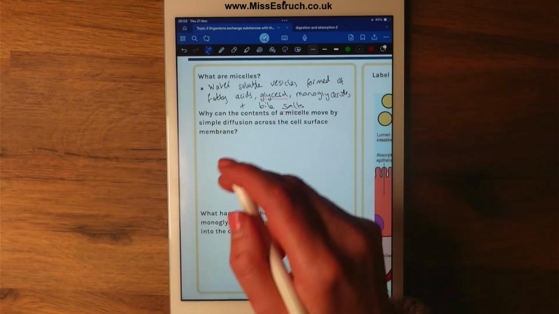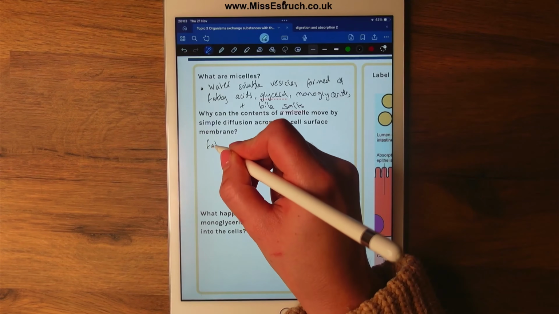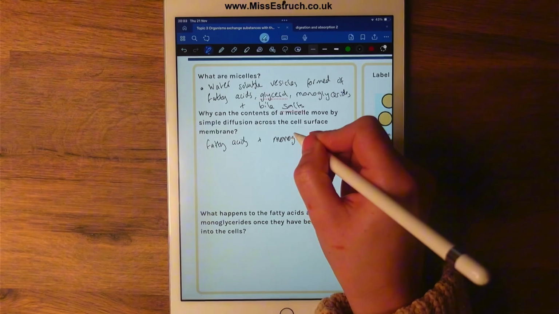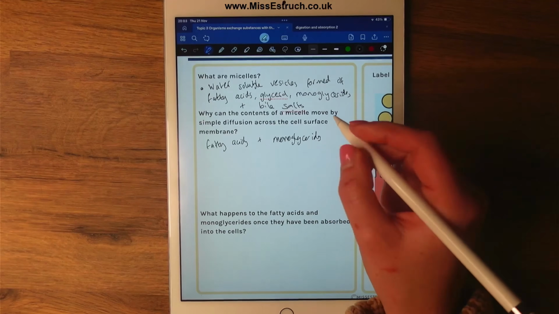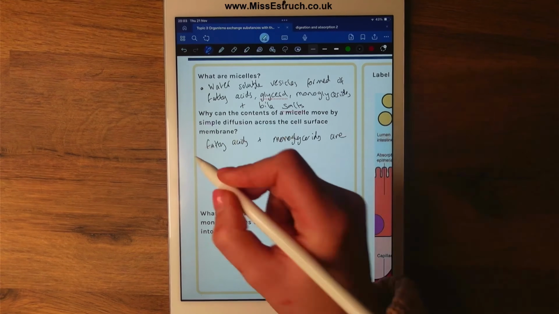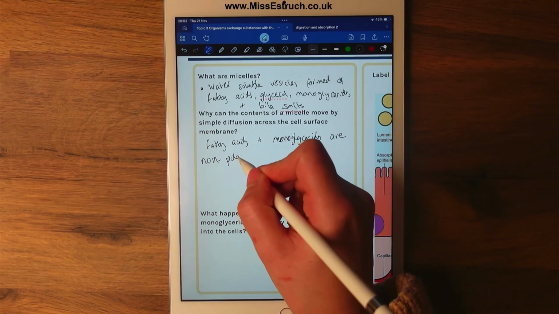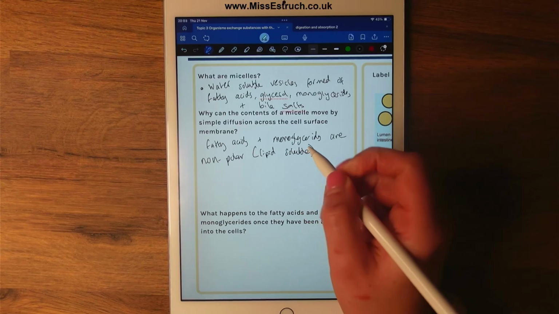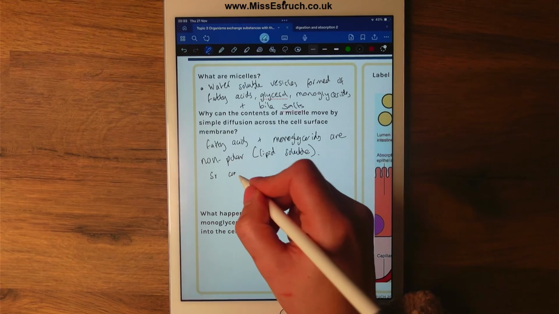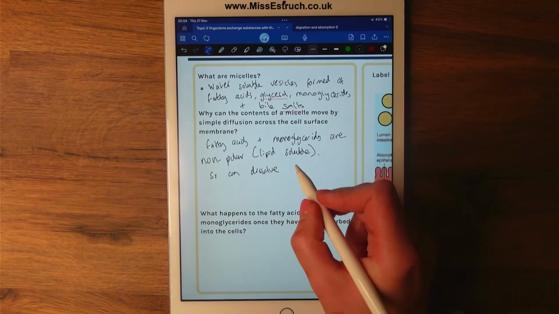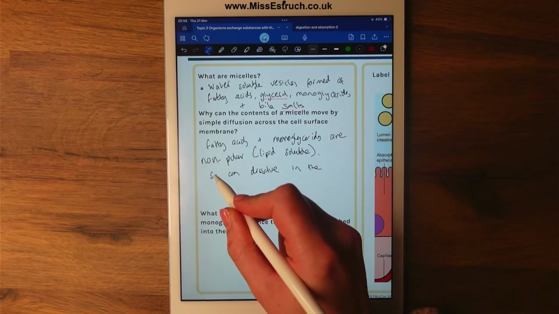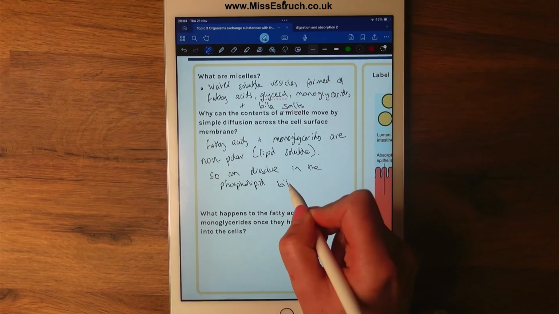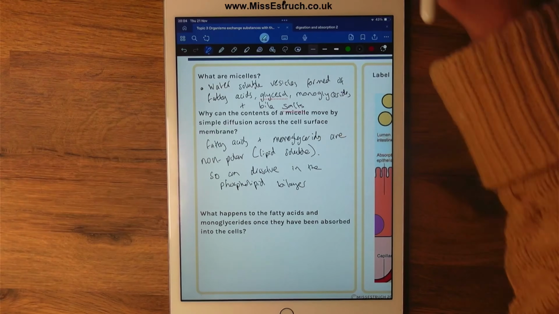So the fatty acids and monoglycerides are non-polar, or in other words, lipid soluble, so they can dissolve in the phospholipid bilayer. And that's why they can move across by simple diffusion.